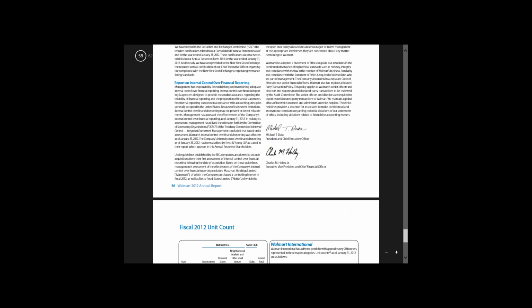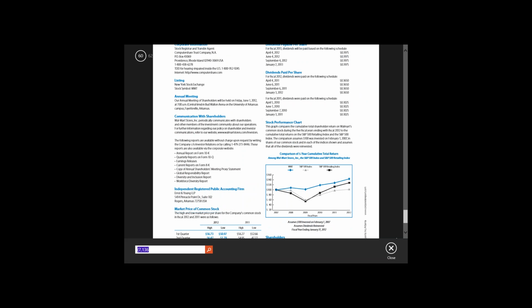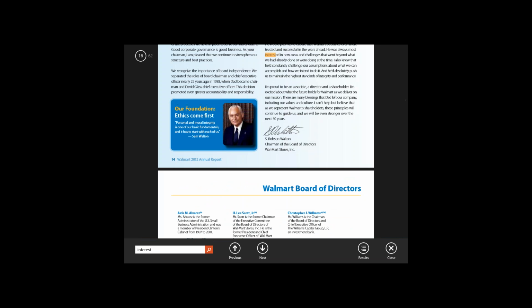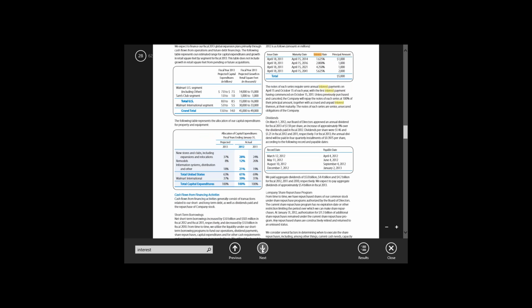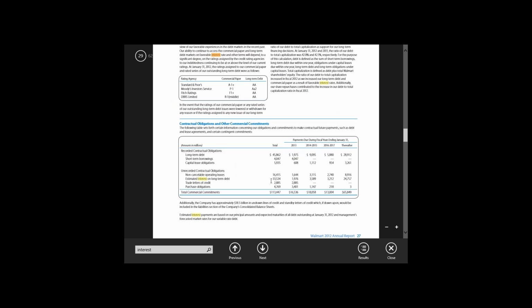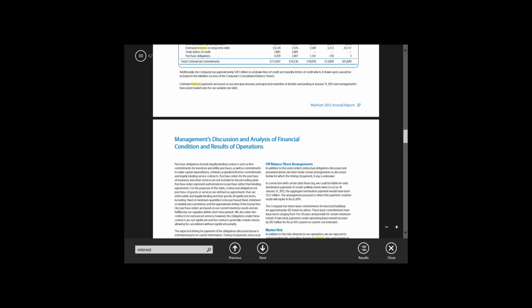Did we pass it? Okay, we passed it. Let me do a search for interest. It was supposed to open right up to it, but it had closed, and then I had to open the core file again. Sorry for the delay. I think it's right underneath this table, actually. Here it is. Nope, these are pay down obligations we'll talk about in a second.